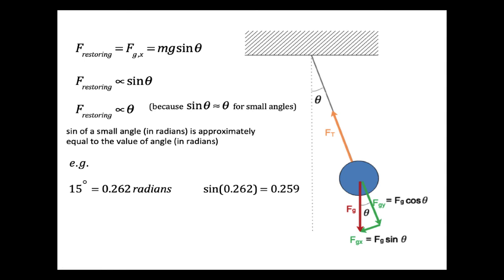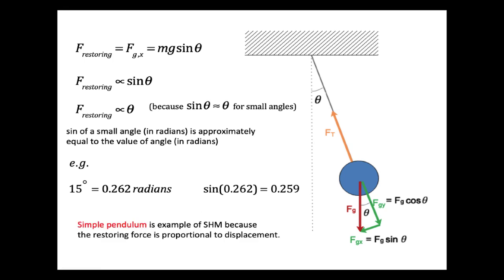But the condition is that the angle has to be small and should be in radians. So the conclusion of all this explanation is that a simple pendulum undergoes SHM for small angles because the restoring force for small angles is proportional to displacement.